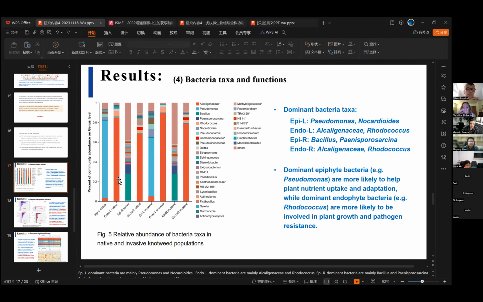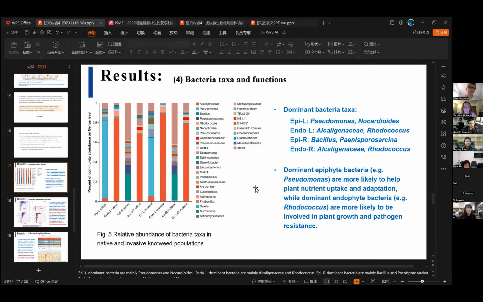So we can see the endophytic is quite similar, not only the native, but also the invasive, compared to the epiphytic bacteria. Yeah, it's too bad we didn't have the information from the plants when we first collected them. That would be really interesting.